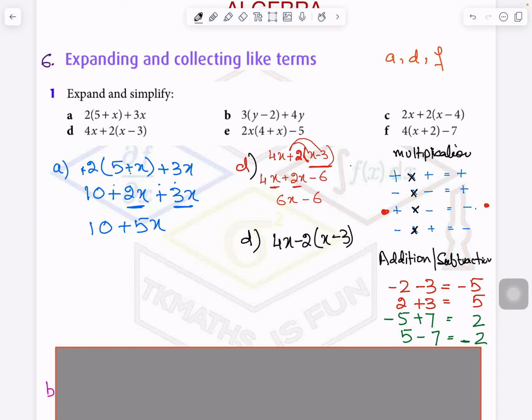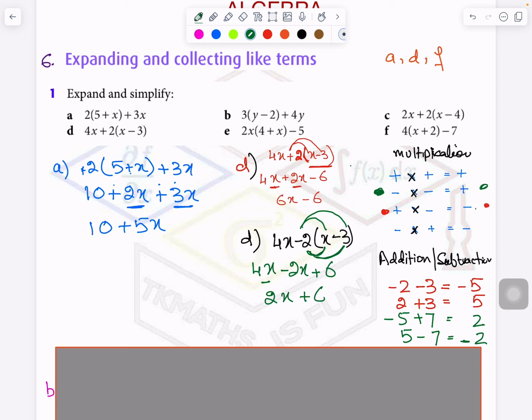I'm just changing the same question but with a minus sign. Then what it would be, just to explain to you, minus 2 will multiply by x and multiply by minus 3. This 4x will come as it is. Minus 2 multiplied by x is minus 2x. Minus 2 multiplied by minus 3 is plus 6, because minus multiplied by minus is plus. We saw it. And 3 2s are 6. So now the like terms are 4x and minus 2x. It will be 2x plus 6. Why? Because 4 minus 2 is 2.